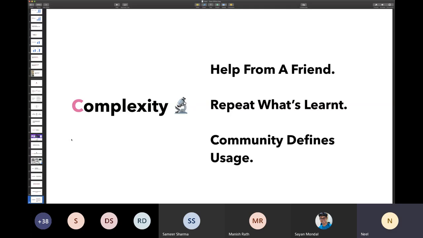So initially they require help to understand how to do certain things. As soon as they learn that, they keep repeating those actions and then they learn them.